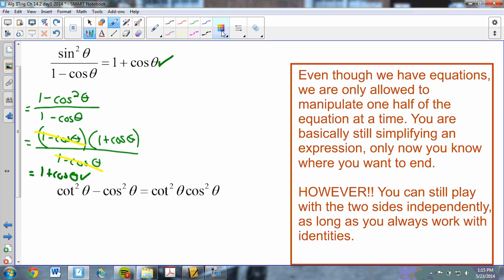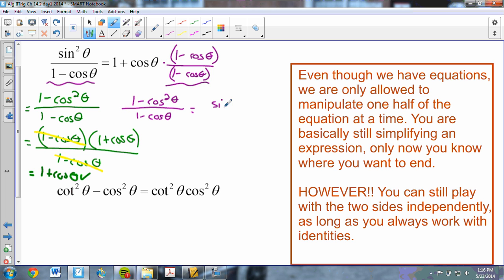What you also could have done, this is just me doing the same problem a different way, is I could have multiplied by 1 minus cosine theta on both sides, to get a common denominator. I'm sorry, by both sides I mean top and bottom. I'm multiplying by 1 to get a common denominator, and that would give me 1 minus cosine squared over 1 minus cosine, and 1 minus cosine squared is sine squared, and this is the same as this.